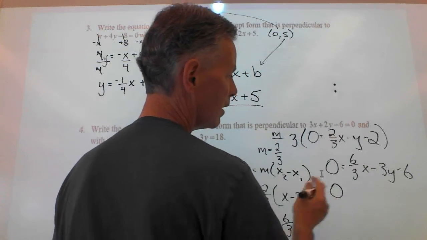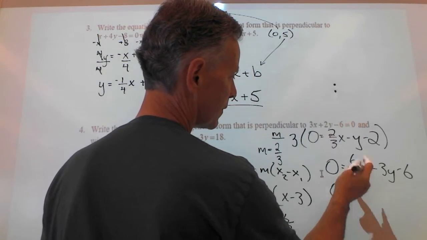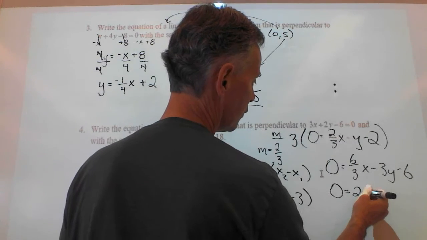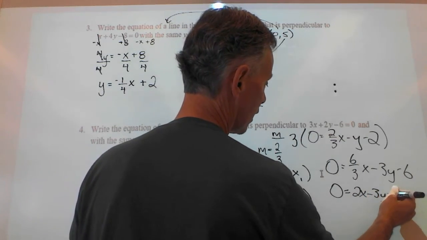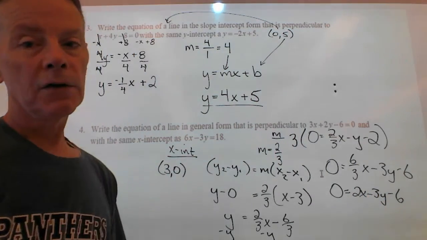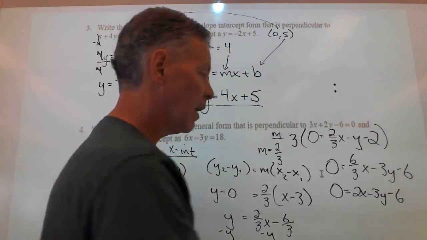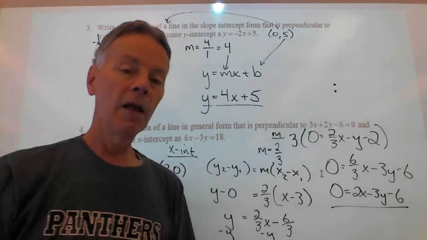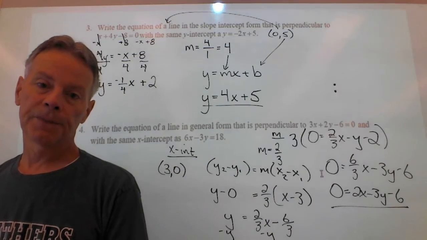And finally, this will simplify. 6 divided by 3 will give you 2x minus 3y minus 6. Okay? Believe it or not, after all that work, that's our final answer. Okay?